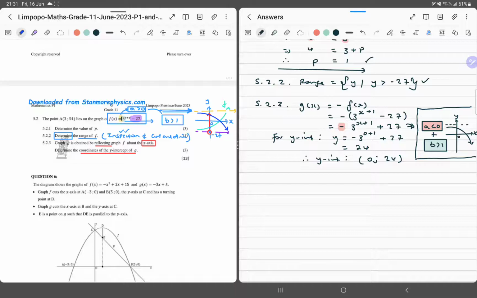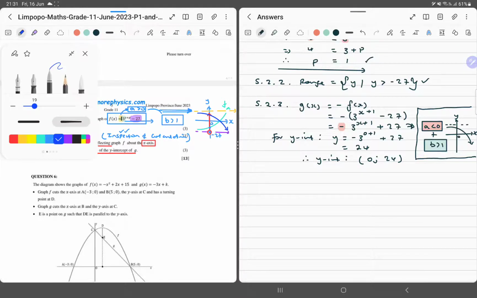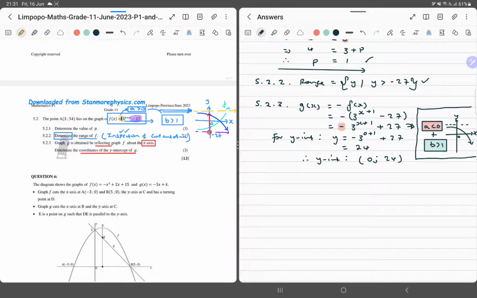Do you realize why the x-intercept doesn't change? Can anybody answer me? Why do the x-intercepts not change here, why does it cut at the same x-intercept? If you can answer that question, I will give you 250 rands.